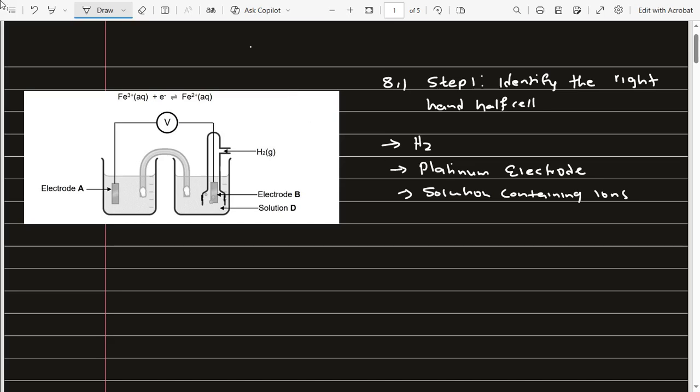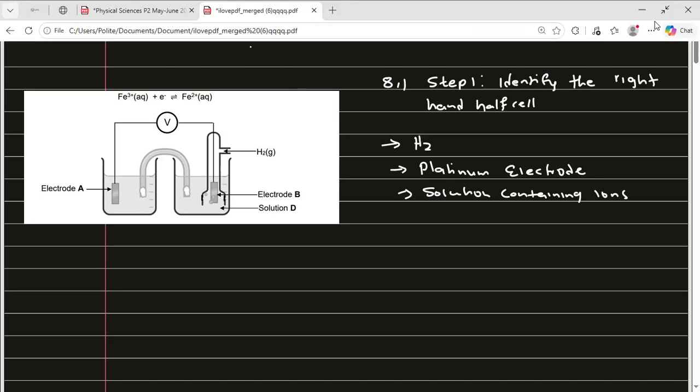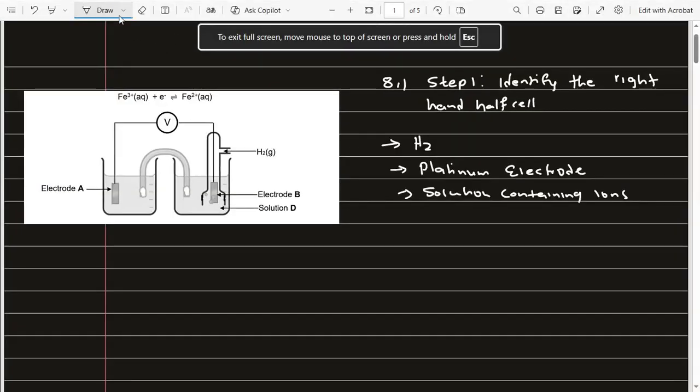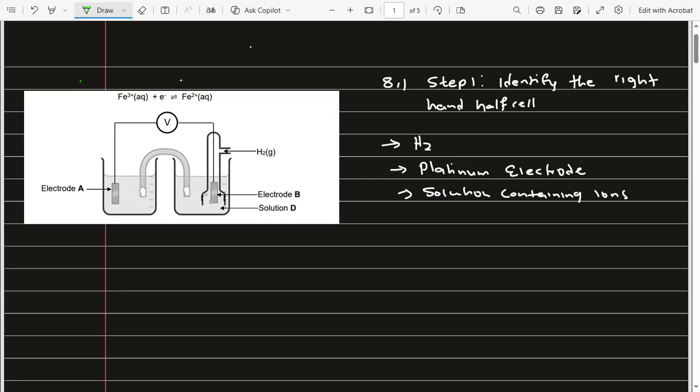Okay, so now what you're going to do, we can see that this setup is the standard hydrogen electrode. So therefore, by looking at what we are given here, we have to conclude that the setup is what we call the standard hydrogen electrode.